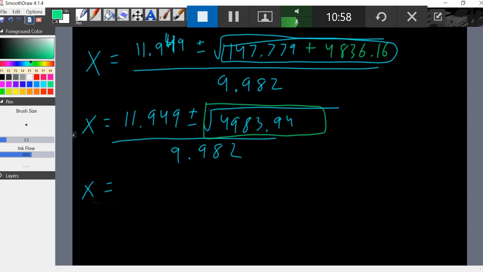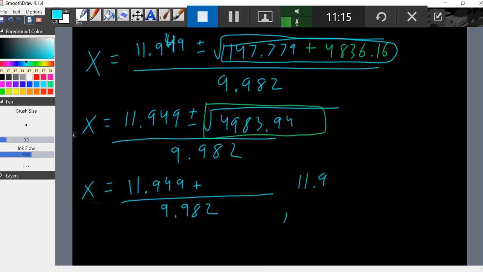And then from here, I kind of like to do 2 steps myself. I like to do 11.949 plus, and I'll leave a nice little blank space here, over 9.982, and then comma, and then I'll also do 11.949 minus, I'll leave a little blank space there, 9.982.